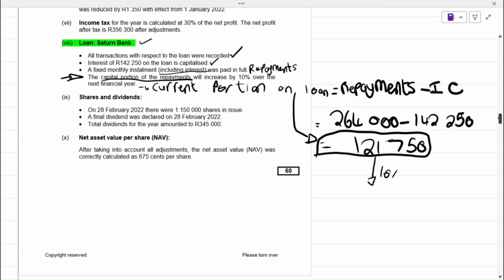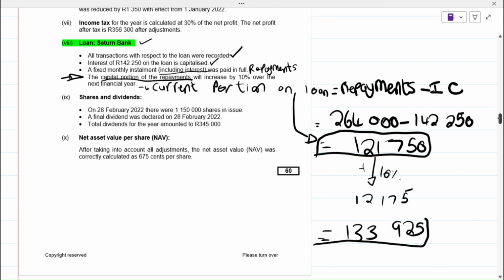So if it's going to increase by 10%, it is just going to be 12,175. To get my new amount, I'm going to say 121,000 plus 12,175, and it's just going to be 133,925. So this is my current portion on loan.